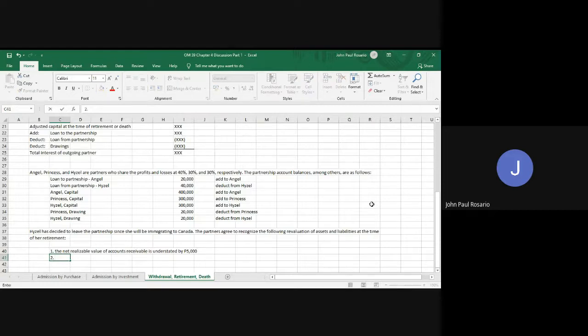Number two, the land is understated by 60,000. Number three, the book value of the building is overstated by 20,000.